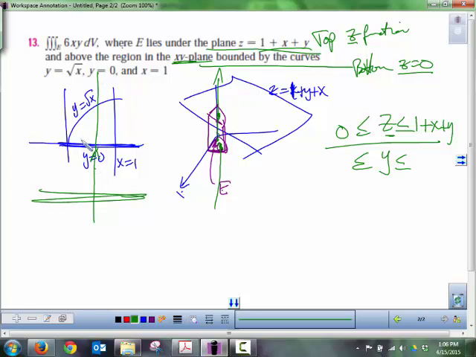I will enter my region at y equal to 0, and I will exit my region at y equal to the square root of x. Outer limits are always, always, always constants, 0 to 1. I'm done, kind of.